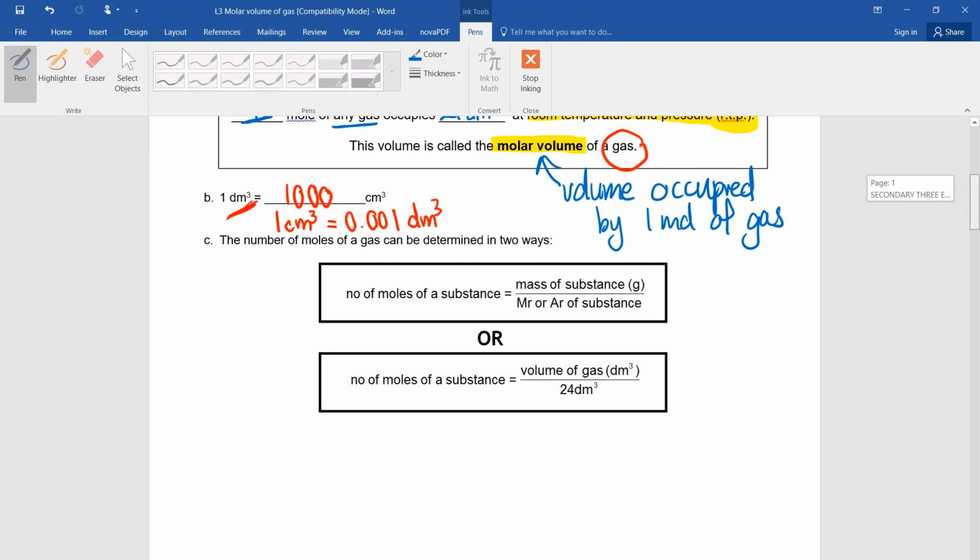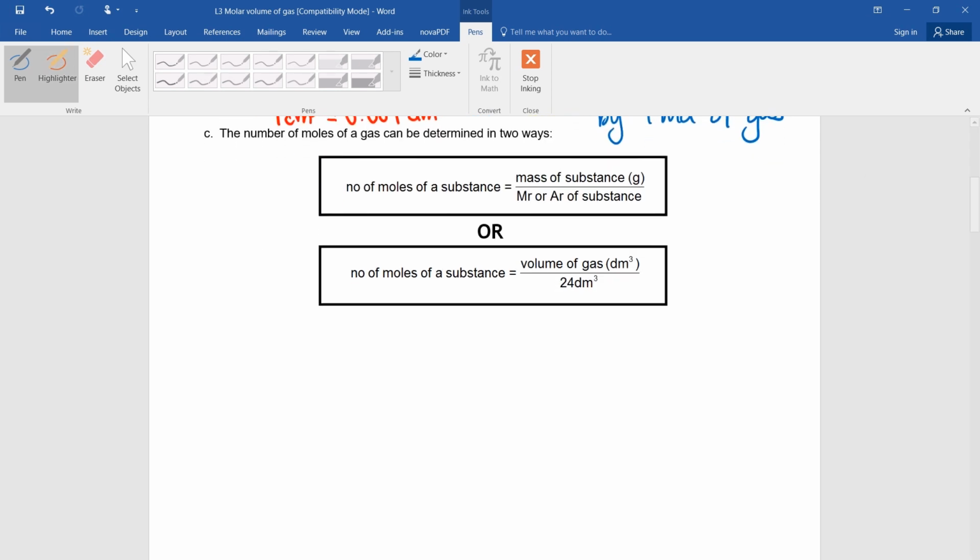So, one of the first formulas that we learned in the previous video was the number of moles is equivalent to the mass divided by Mr or Ar, provided that the mass is in grams. Today, we're learning a new formula which allows us to calculate the number of moles using the volume of gas in dm cube divided by this magic number known as 24 dm cube. 24 dm cube is what we call the molar volume.